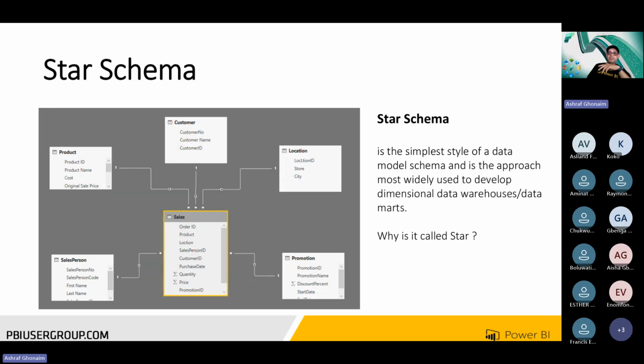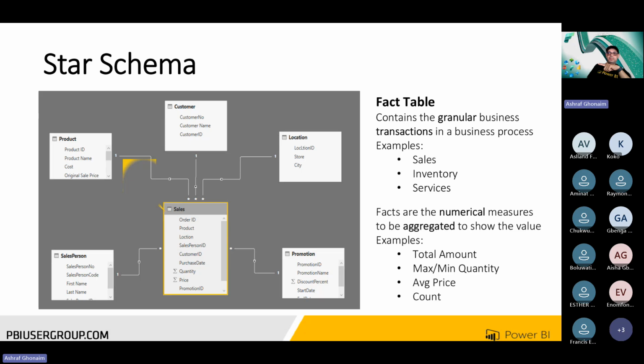The shape starts with, as you notice here, a core table in the middle. This core table in the middle, we call the fact table. Okay. And what is the fact table basically? The fact table typically is the table that has all the granular business transactions in your business process.